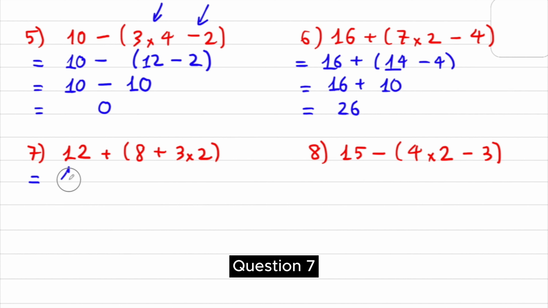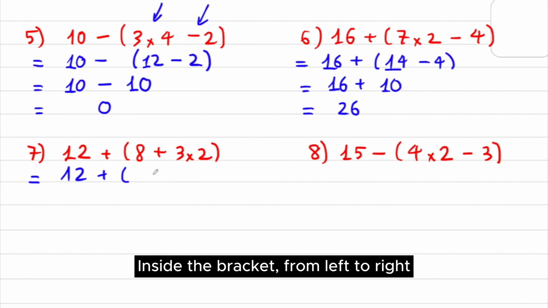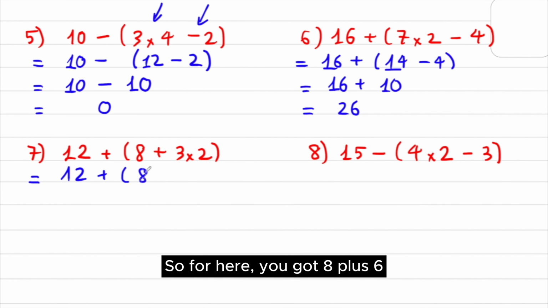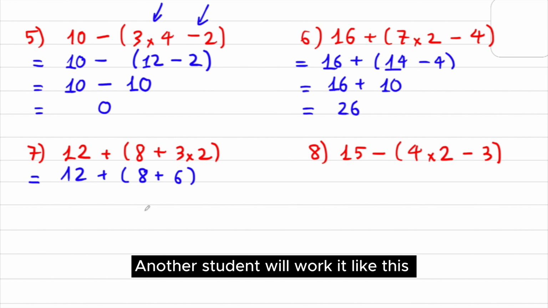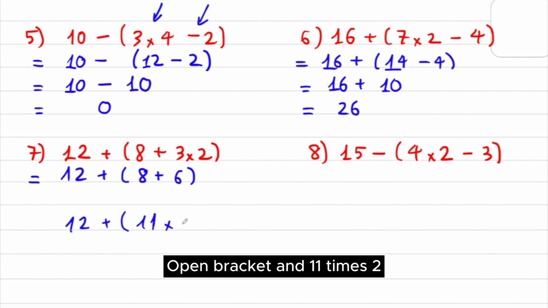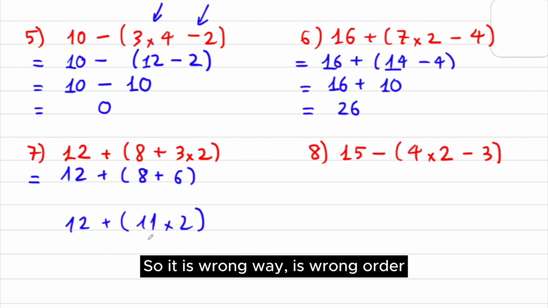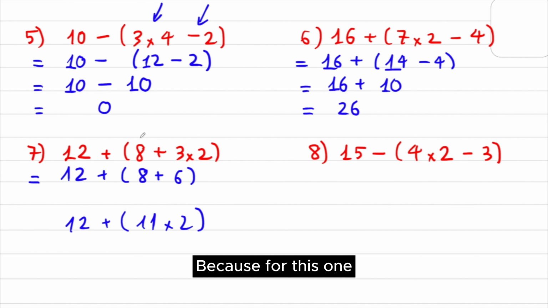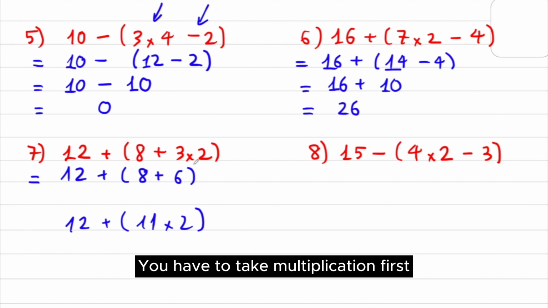Question 7. Outside the bracket, inside the bracket, from left to right, you got addition and multiplication, but you have to take multiplication first. So for here, you got 8 plus 6. Another student will work it like this, open bracket and 11 times 2. So this is the wrong way. This is the wrong order, because for this one, you have to take multiplication first.